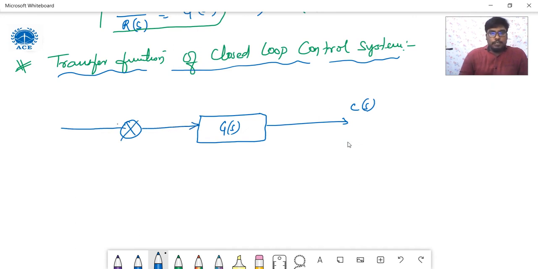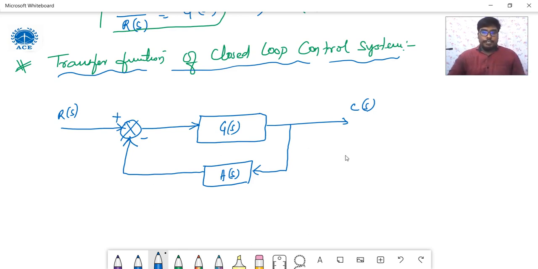And this will be the input R of S. Now we have a feedback element here, that we'll write as H of S. So negative feedback here, right?